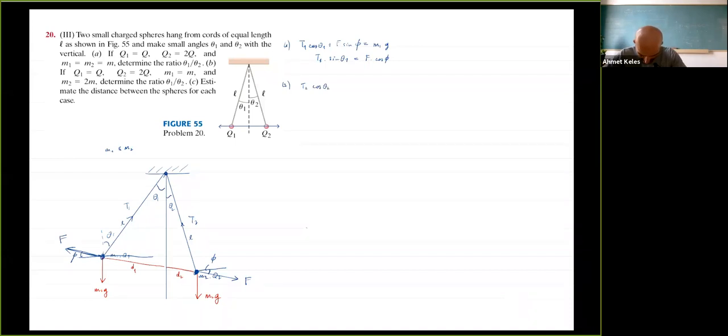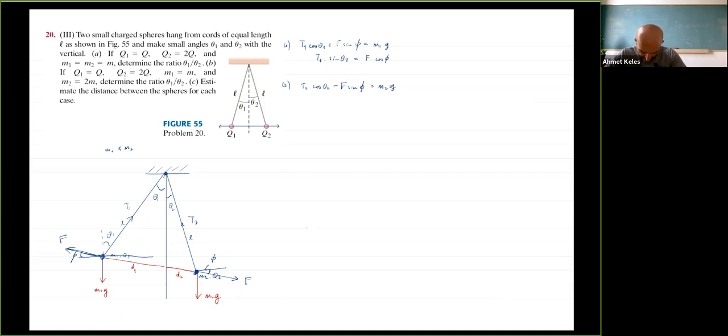Now, this force is in the opposite direction, so I need to write a minus. So this is going to be minus F sine phi. And this should be equal to, again, M2G.